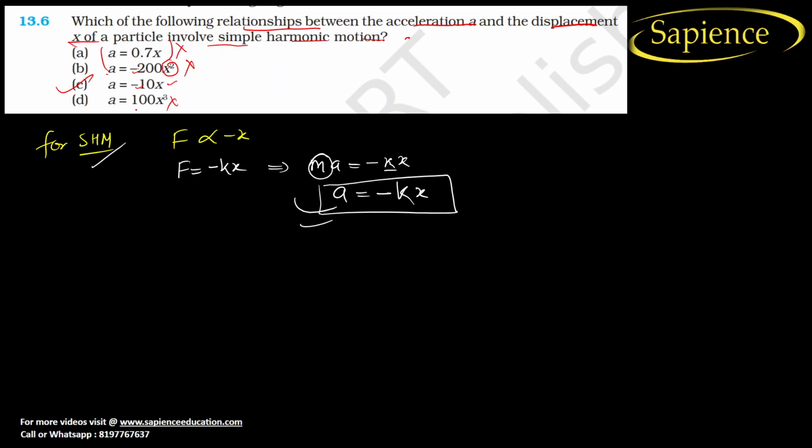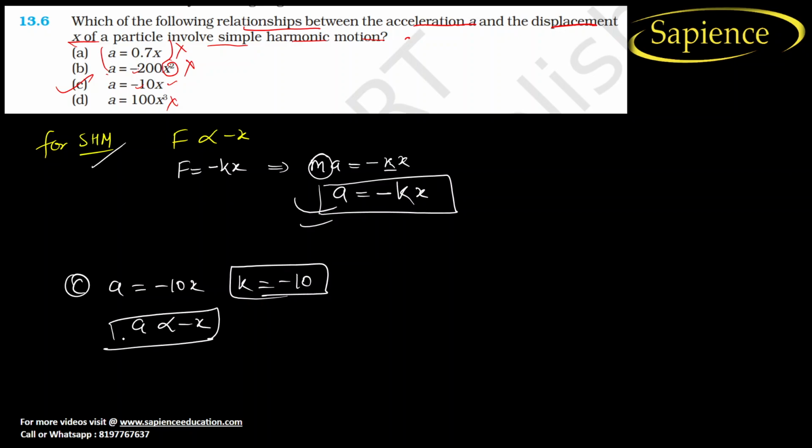This won't work because neither is it minus, nor is it proportional to x. So I hope you have understood this. So the final answer for this is C, that is a is equal to minus 10x, where K is equal to 10. So acceleration is proportional to the negative of x. K is not minus 10, K is equal to 10. So I hope you have understood this question.